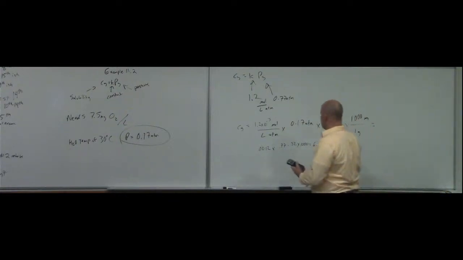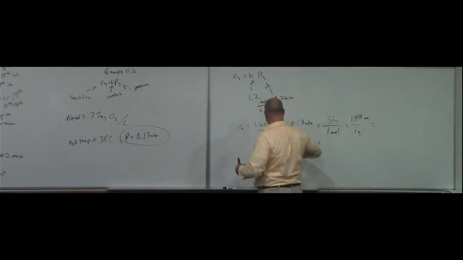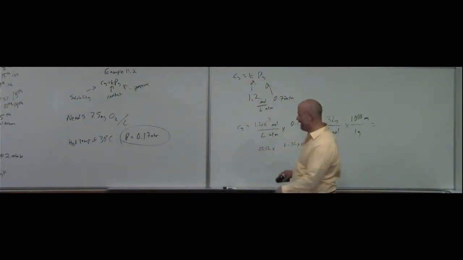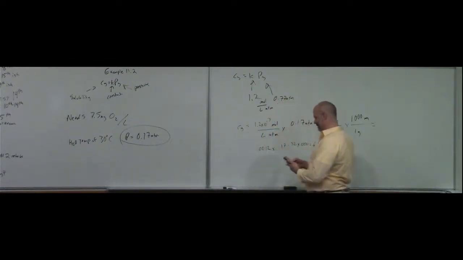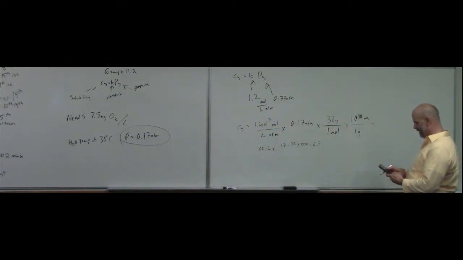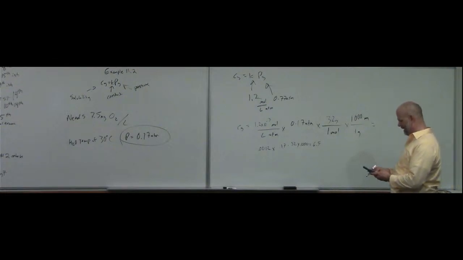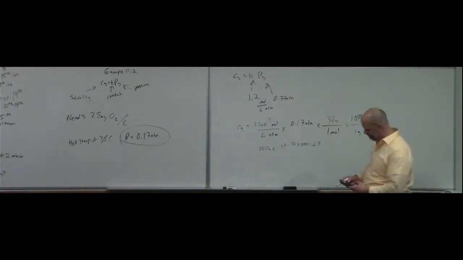This will explain why I got the right answer, because I was just going off of the numbers I had on my page, not off of what I had up here. Then when I went up here, I got a crazy answer. One more time. 0.0012 times 0.17 times 32 times 1,000 is 6.5. Okay.